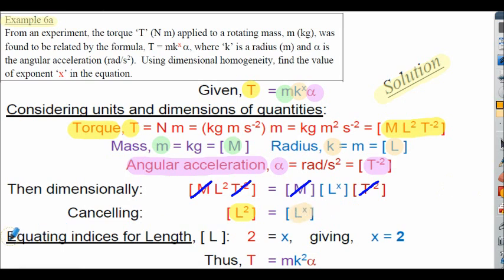Again, using the equating indices technique for dimension L, length, on the left hand side we have 2, on the right hand side we have x, equating indices. So in this case x is equal to 2. So we can now write the torque equation as T is equal to mk squared alpha.